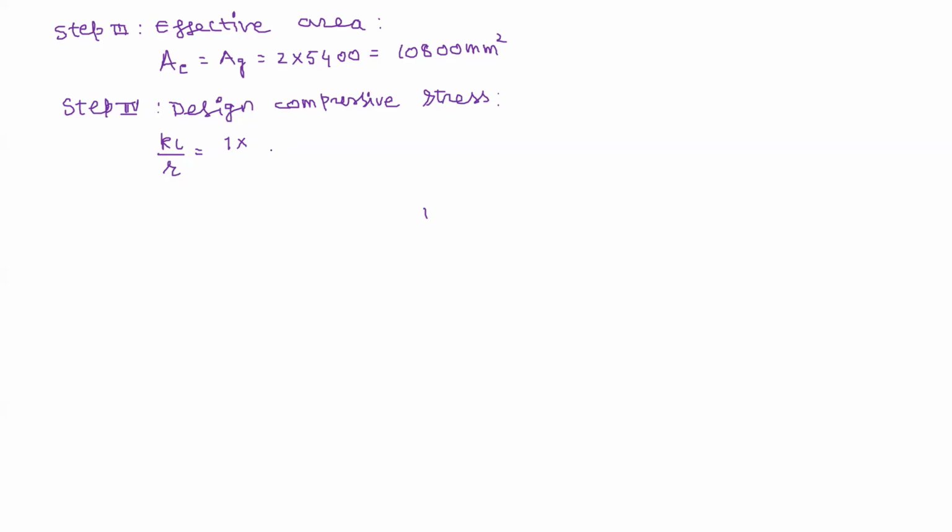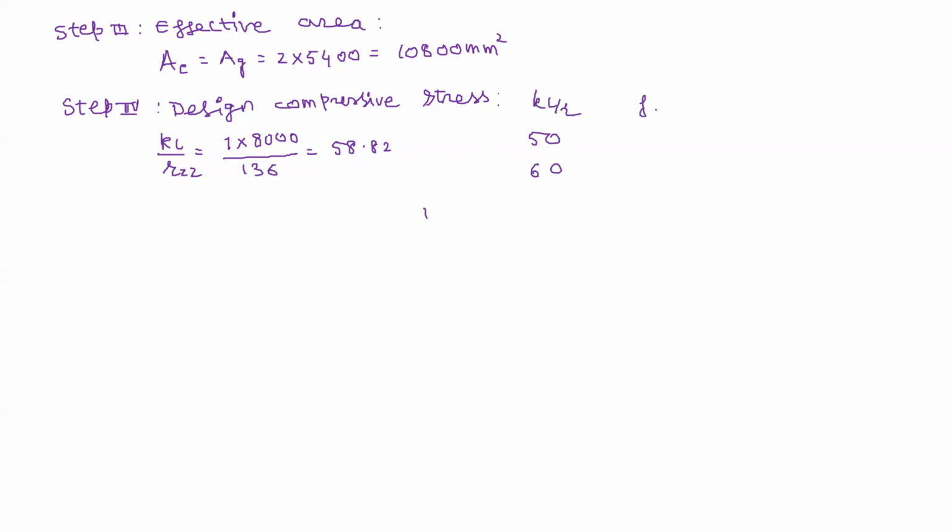So we have value of L effective equal to L, and therefore we have 1 into 8,000. R minimum we have, that is RZZ, which is 136, gives us value 58.82.